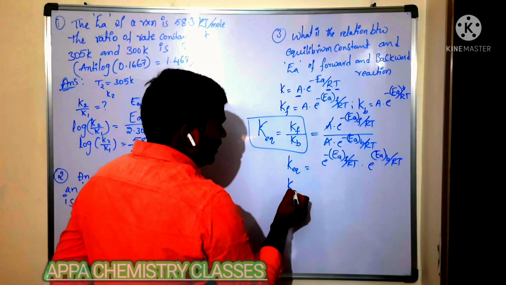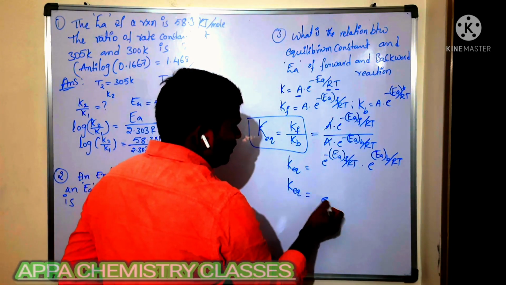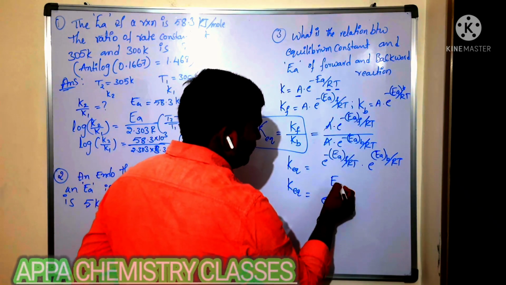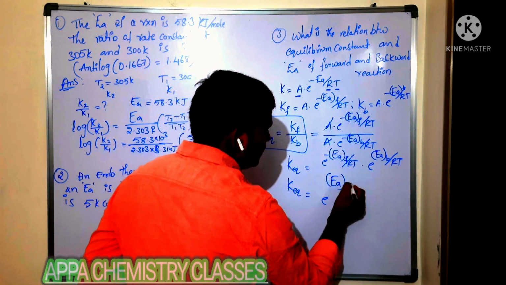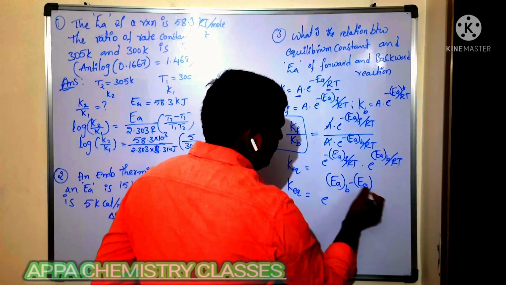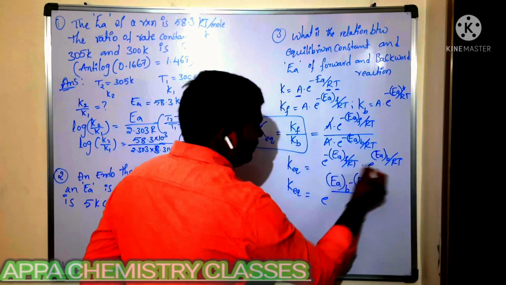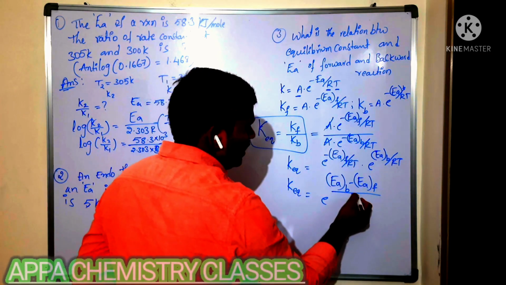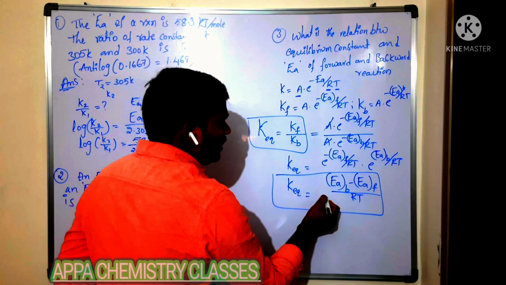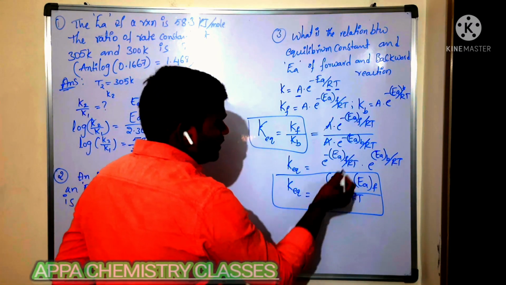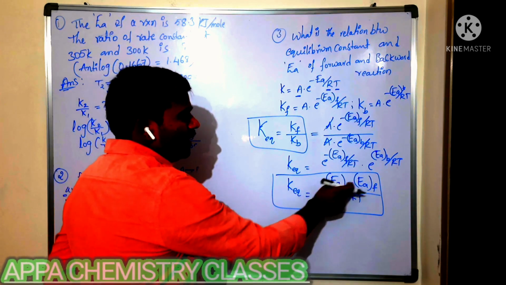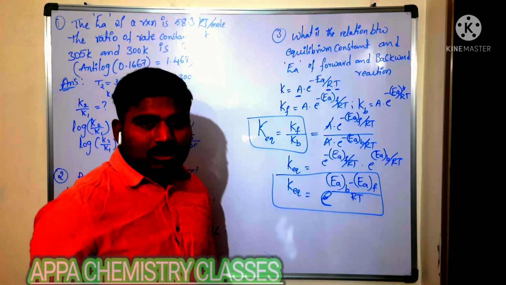So we can write K equilibrium is equal to e power, the bases are same so the powers should be added: activation energy in backward direction minus activation energy in forward direction. Both have the same denominator, so the LCM will be RT. This is the relation between equilibrium constant and activation energy of forward and backward direction.